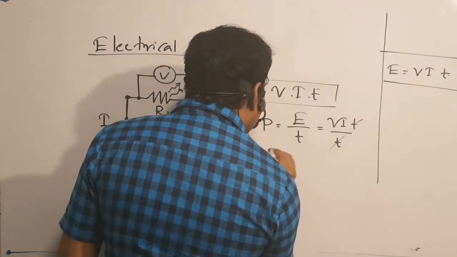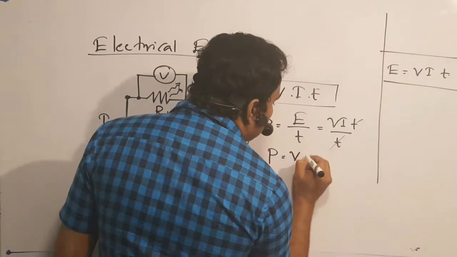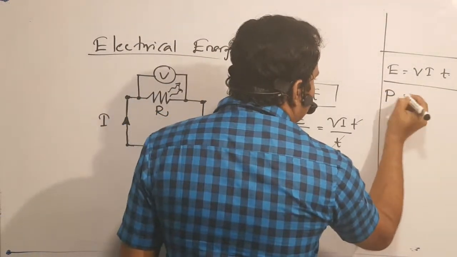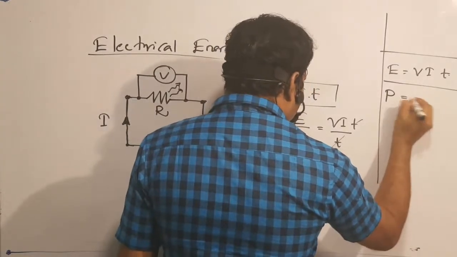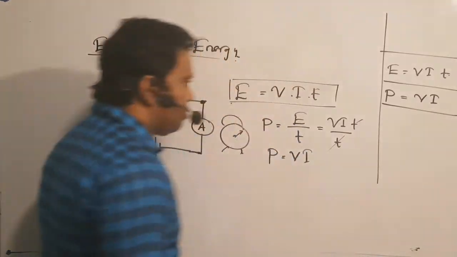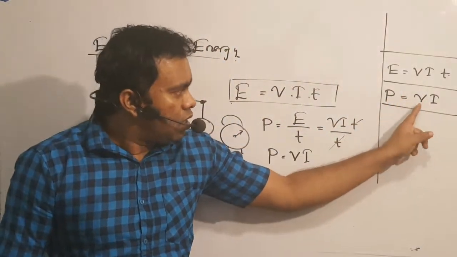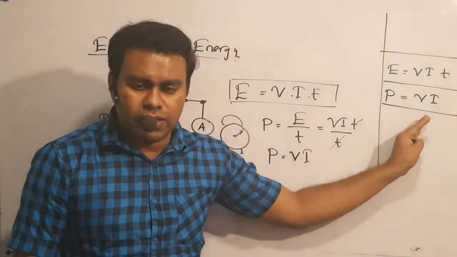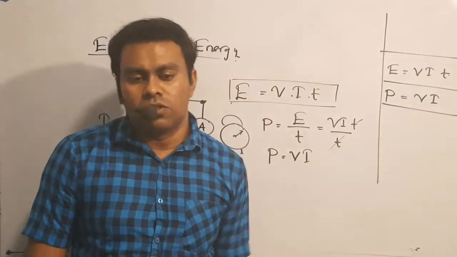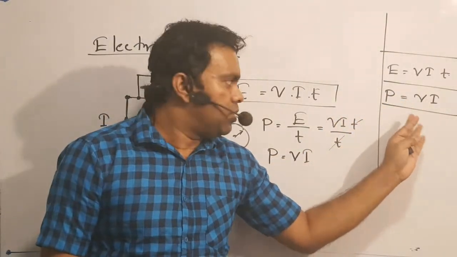So we can end up with power equals VI. Okay. So that's one equation. Power equals VI. So you can make another two equations by using Ohm's law. That means instead of V, we can substitute V equals IR there.